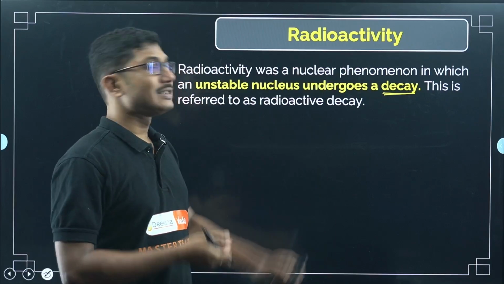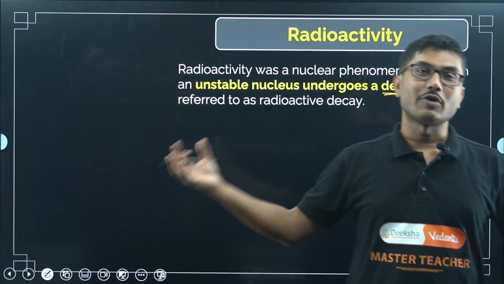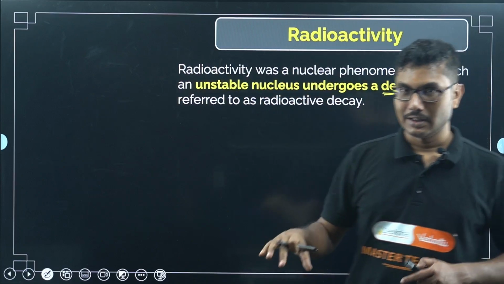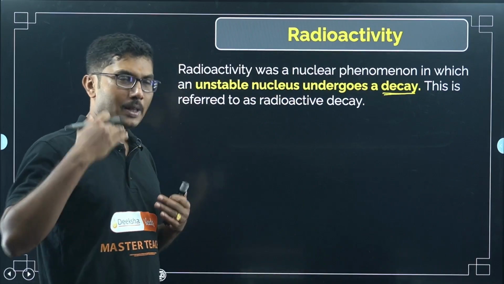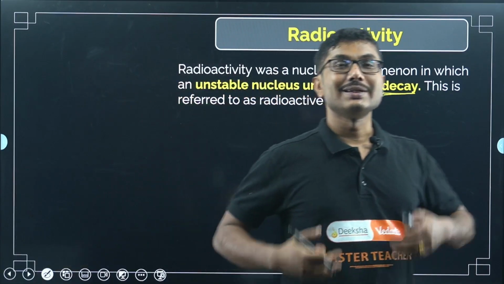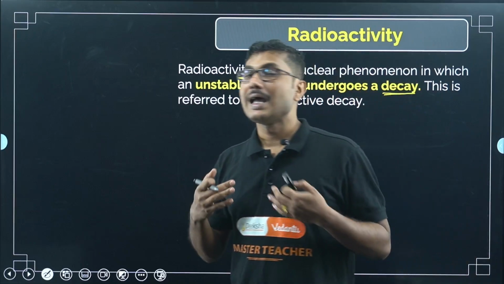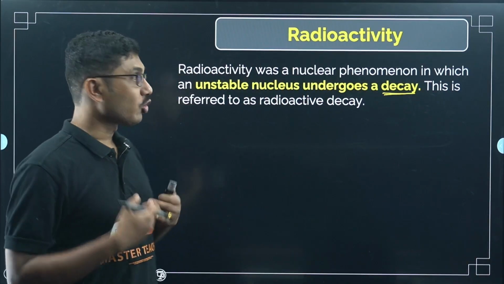Like for example, if you leave something in nature for a long time, it slowly decays. Our tooth decays because after some time, with natural weathering, it loses its shine, it loses its newness. But for some atoms it is happening automatically.